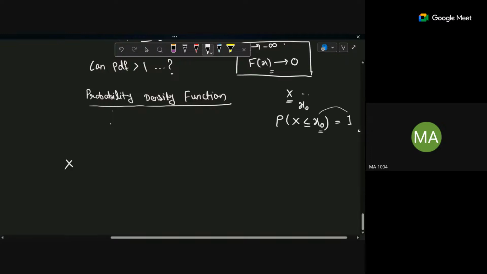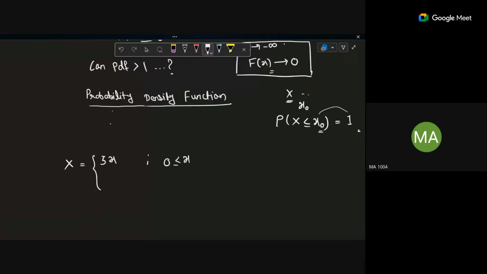Let's say x is taking the values 3x, and the range of values is 0 to 1 by 3, and 0 otherwise.